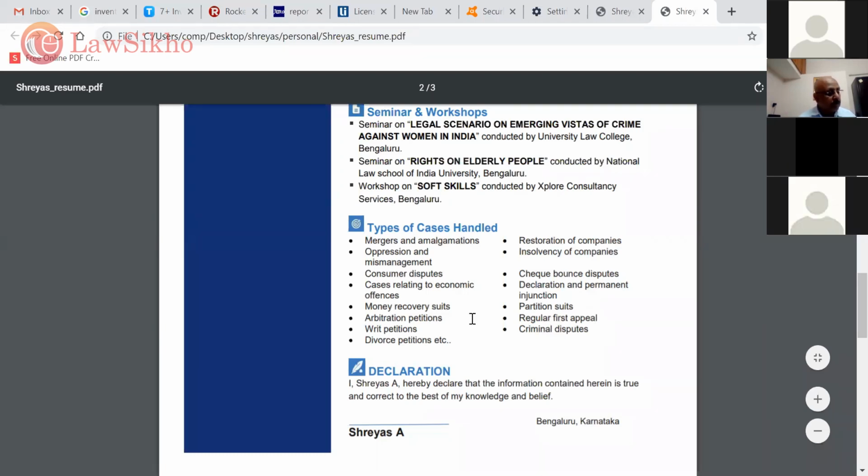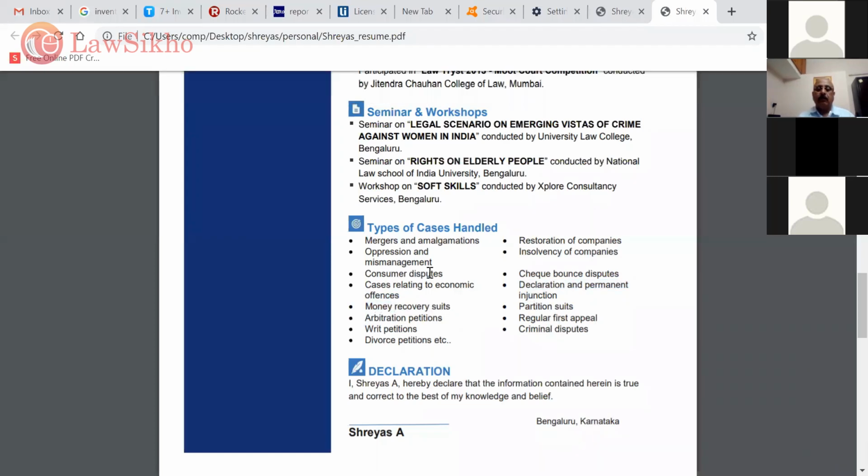Money recovery means what? Civil procedure code? Yes, civil procedure code, with regard to an ordinary suit for money recovery. So this means that you know how to draft a money recovery suit. But money recovery today is being done in a very different way. There is IBC and the MSMED Act which are being used to recover money, and civil.